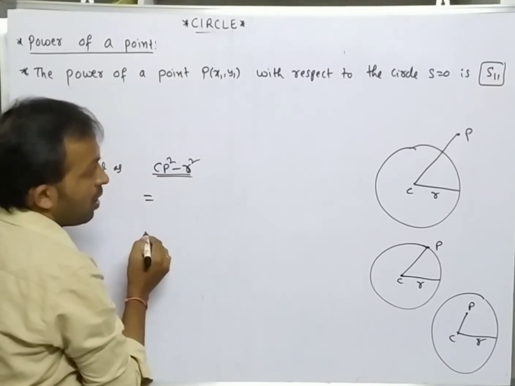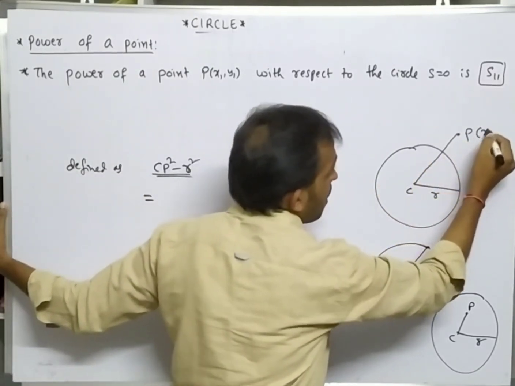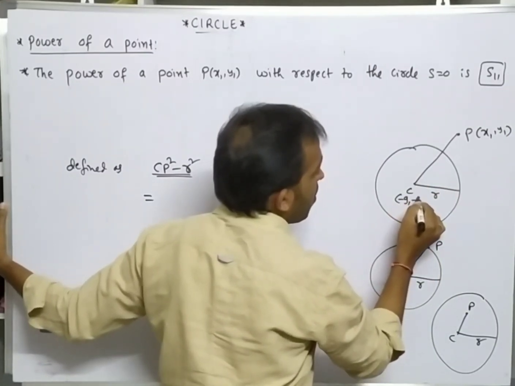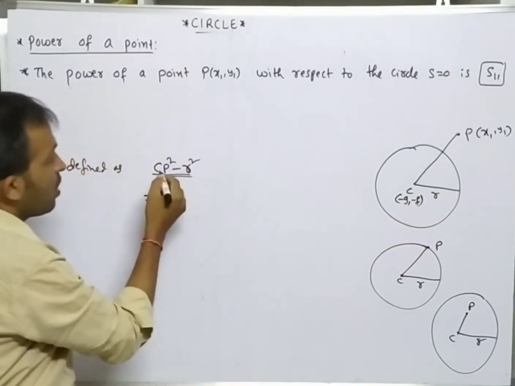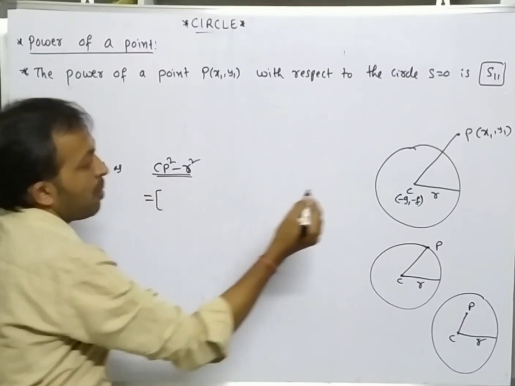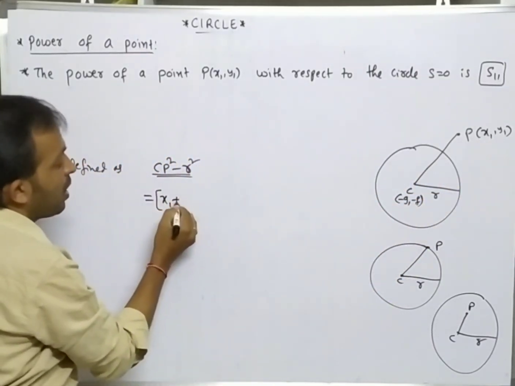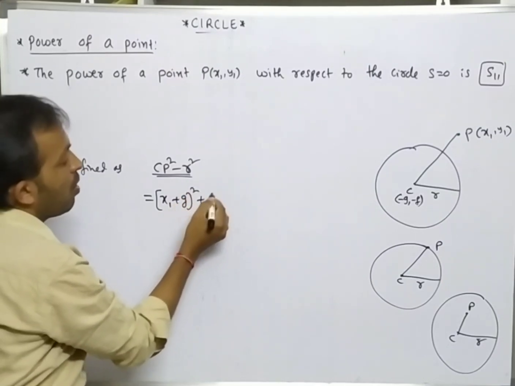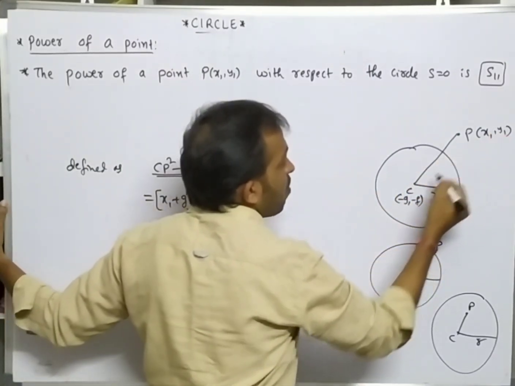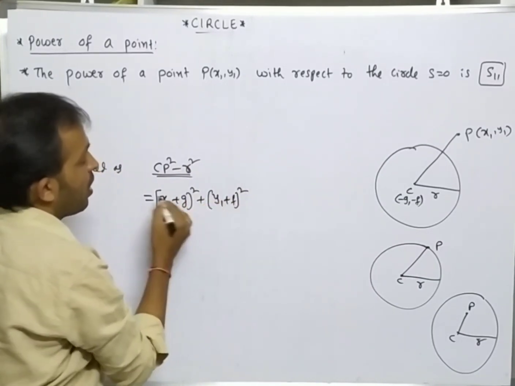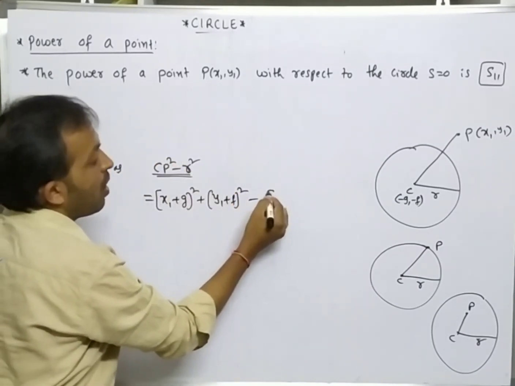What is CP square? Let P be the point (x1, y1) and the center is (-g, -f). Then CP square means (x1 minus of minus g), that is (x1 + g) whole square, plus (y1 minus of minus f), that is (y1 + f) whole square, minus r square.